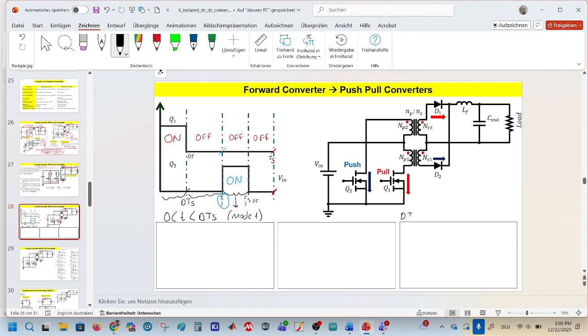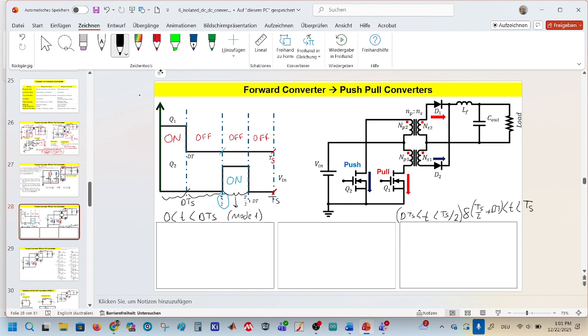From DTS, from here to here, and or from half of the switching period plus DT, less than time, smaller than the time period up to Ts.